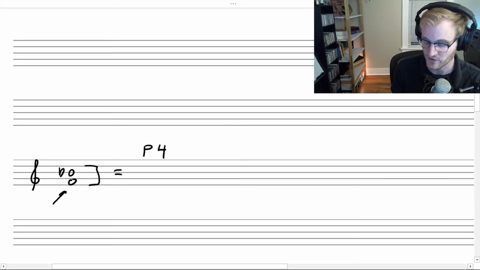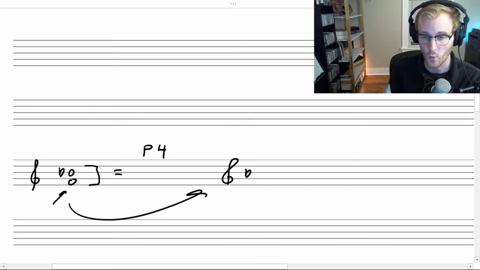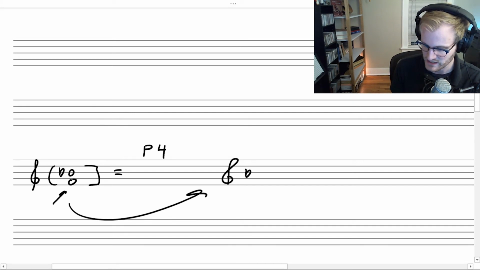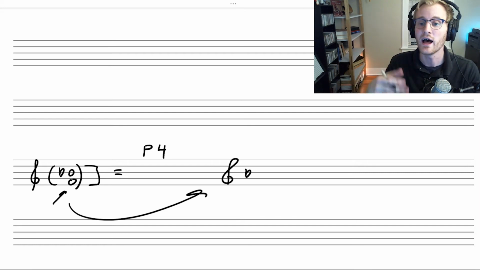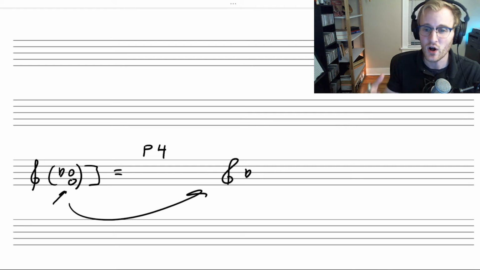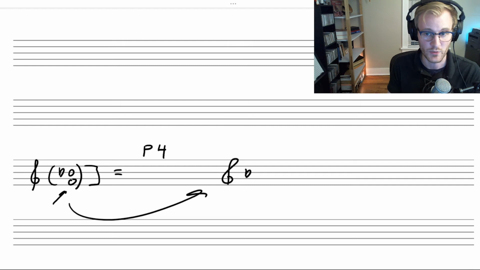This is a perfect 4th, but we can also tell because if we were pretending that we were in F major, just like we were a minute ago, it would have a key signature of B flat, 1 flat in the key signature, and we see here that we are given F to B flat, so it must be a perfect 4th because that is the 4th scale degree of the F major scale. So all of these things really do connect, which is why you really want to make sure you have all of these things pretty well understood.